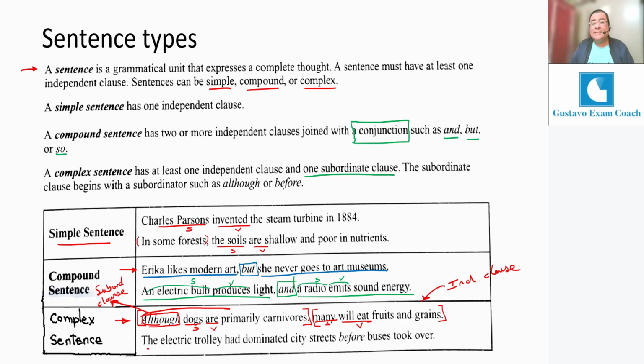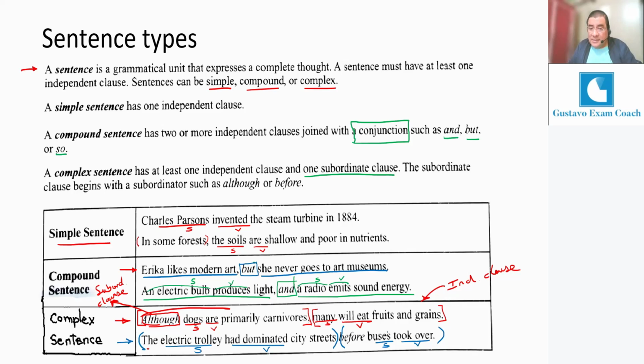Let's try the last example. It says, "The electric trolley had dominated city streets before buses took over." So we can spot our first clause, the electric trolley had dominated, a subject and conjugated verb. And then we have another clause, before buses took over, buses the subject, took over the verb.